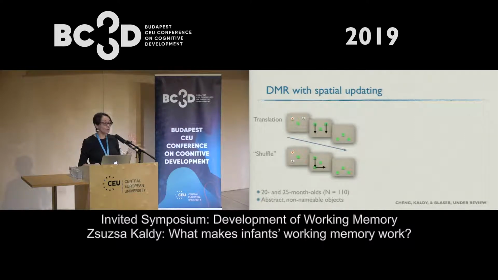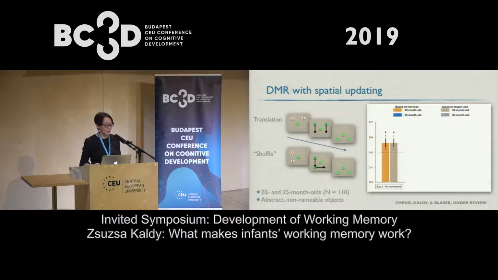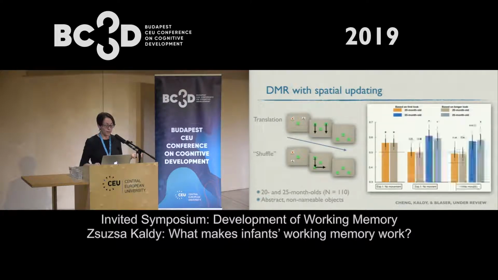We tested 20- and 25-month-old babies and used abstract, really hard to name, maybe non-nameable objects, because some of these babies could potentially be using verbal rehearsal. Our first experiment was just to measure the baseline in 20-month-olds without movement. They can do this, but when we added movement, it turns out 20-month-olds lose these objects.